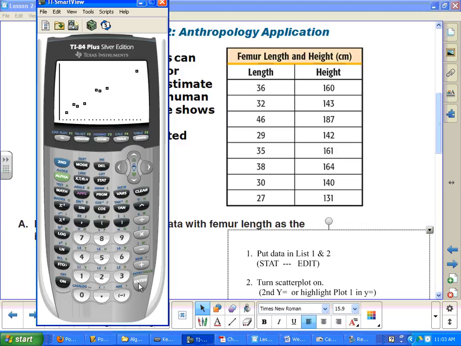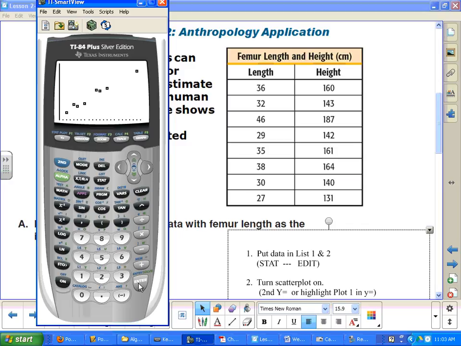All right. 27, 30, 38, 35, 29, 46, 32, 36.